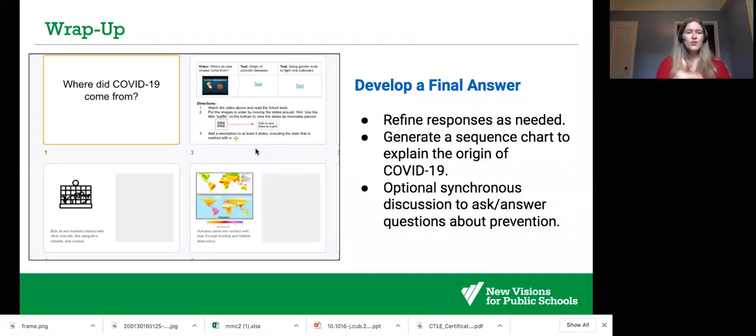The emergence of COVID-19, just like any zoonotic disease, has a series of events that occurred for this to happen, and students would use the Google Slides to put them in the correct order. It's an open-ended question in some ways, so there's not exactly one right order. Students also have an opportunity in some of the slides to choose and discuss and elaborate further about what's happening in that event.